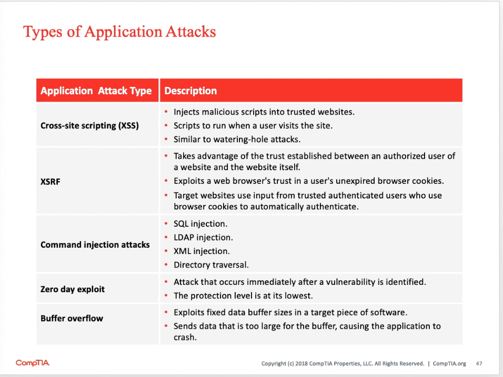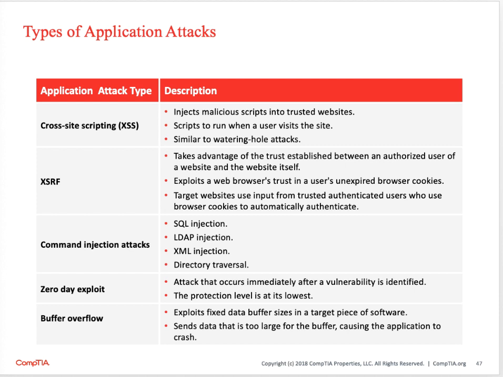Then we have an LDAP injection attack. An LDAP injection targets web-based applications, and it fabricates LDAP statements that are created from user input, right? A system will be vulnerable to this when it fails to filter out input properly. LDAP is lightweight directory access protocol, and this is just exploiting code that would have been used to access network directories.